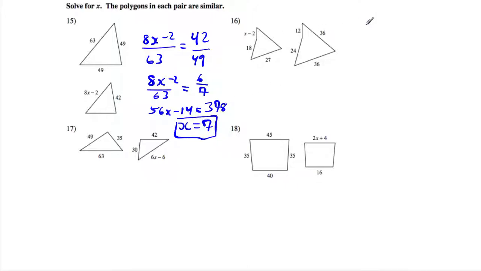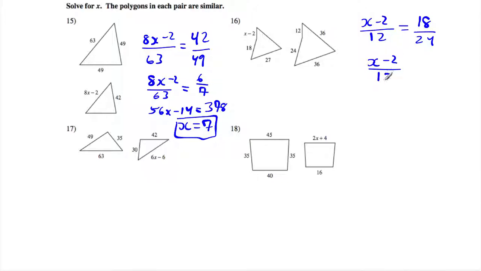Over here, we can see that x minus 2 and 12 are corresponding. So we take any other two sides here, we can do 18 to 24. Yet again, these reduce. They both have a common factor of, let's see, would 3 be the largest one? 6 would be the largest factor.